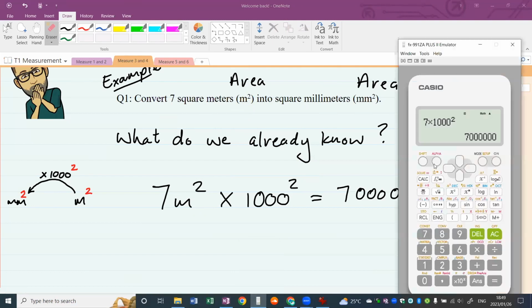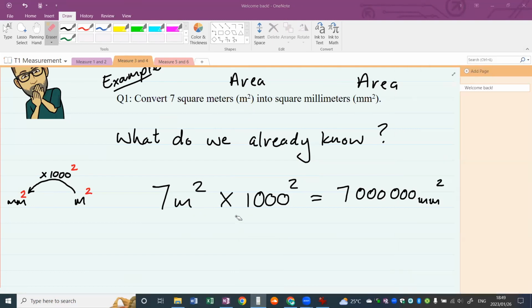Now, those people who are getting 49 million, what you're doing is taking this 2 and putting it on the 7. The 2 doesn't belong to the 7. The 2 belongs to the m.